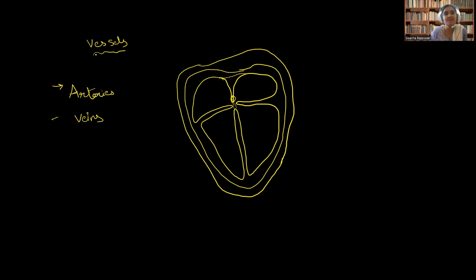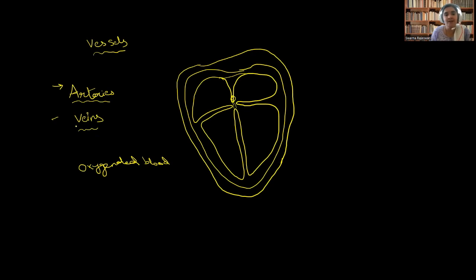First we have to discuss vessels. So coming to the arteries, these are the blood vessels which carry oxygenated blood to all the parts of our body. Means it supplies the pure blood from the heart to the different parts of our body.